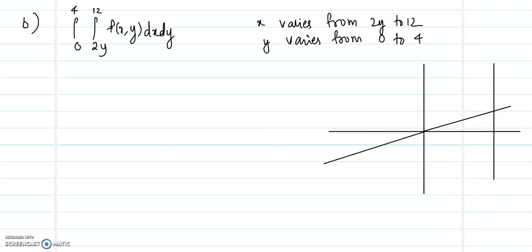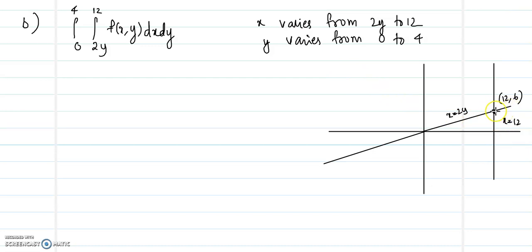So this is x equal to 2y, then x equal to 12. When x equal to 12, this point will be 12 and here y will be 12 by 2, that is 6. And now y is varying from 0 to 4.